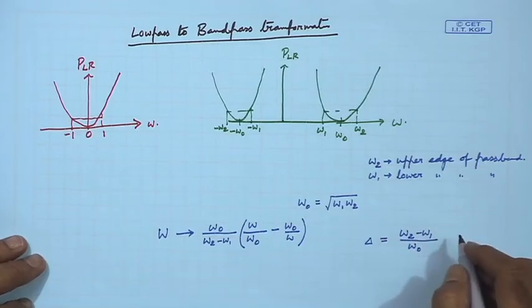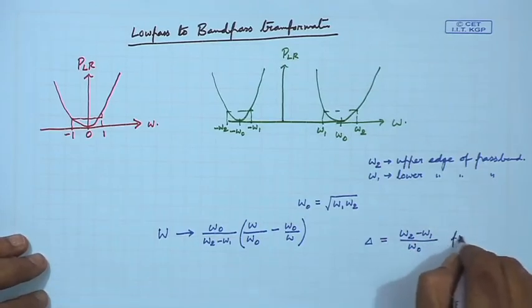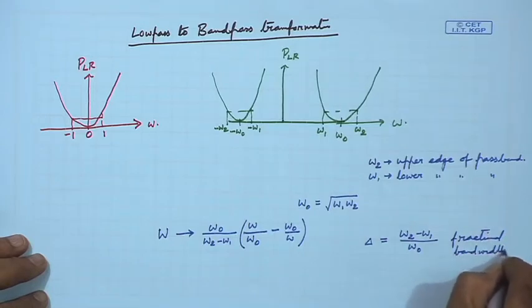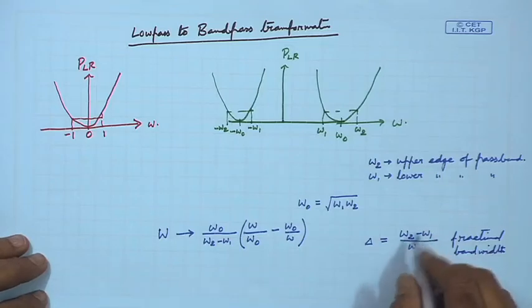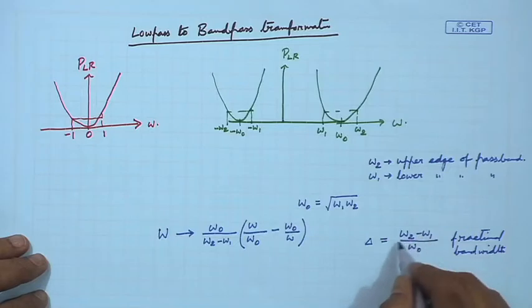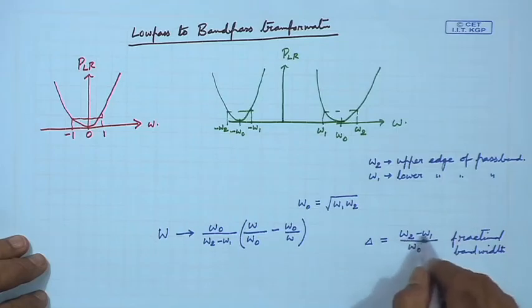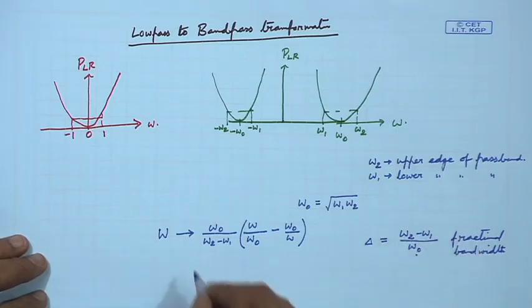Delta is nothing but the fractional bandwidth, because bandwidth is f2 minus f1, everything is multiplied by 2 pi here, since this is angular frequency, but when we take the ratio it is the same as fractional bandwidth, f2 minus f1 by f naught. So, this delta is this.